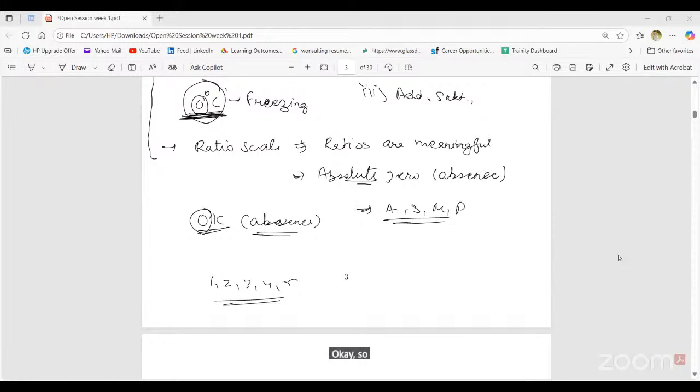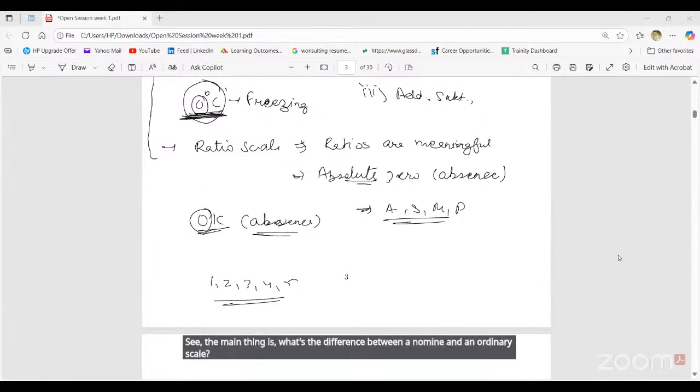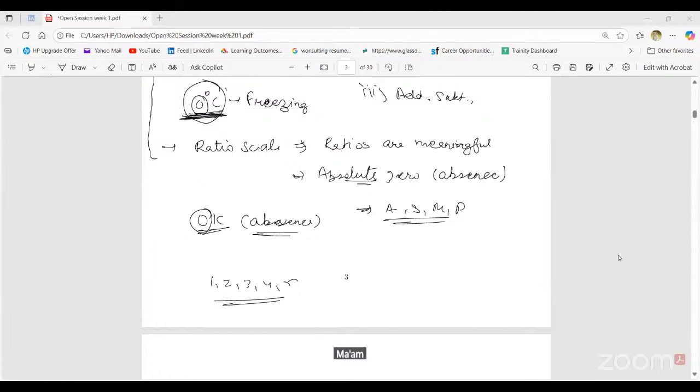You have to say whether it is ordinal or nominal. It's nominal. It is named or label. What's the difference between a nominal and ordinal scale? Ma'am, ordinal scale has ranking and a meaningful order. Correct. So the colors of the hair, are they in order?